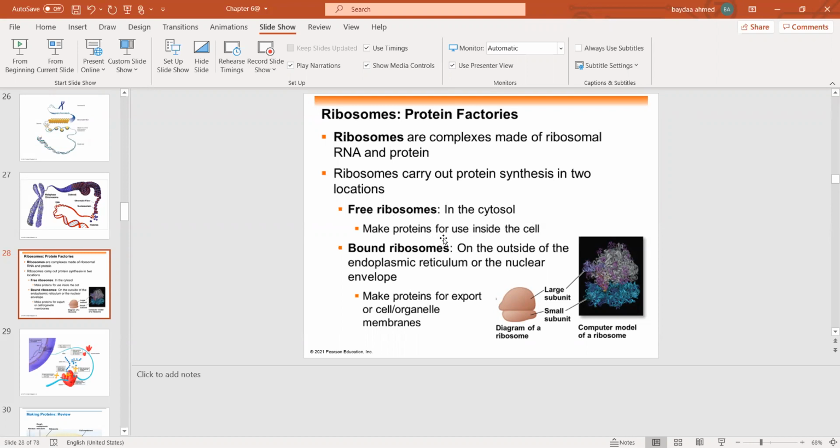They make most of the proteins that we use inside the cell. And we have bound ribosomes, usually associated with the endoplasmic reticulum and the nuclear envelope. Those make proteins for export or for cell organelle membranes.